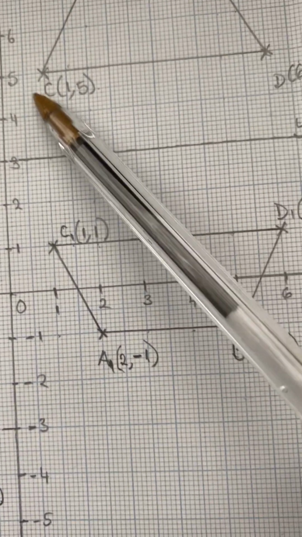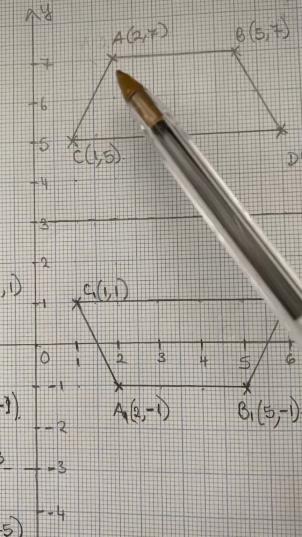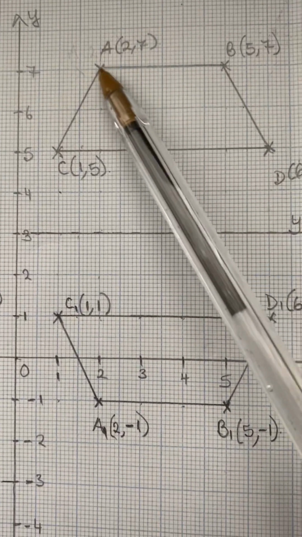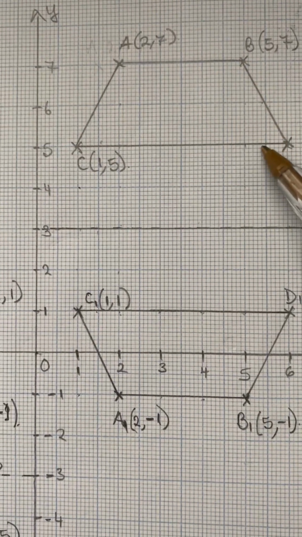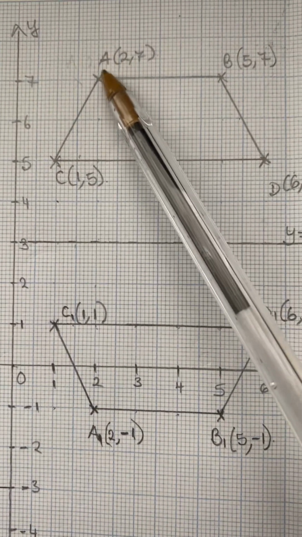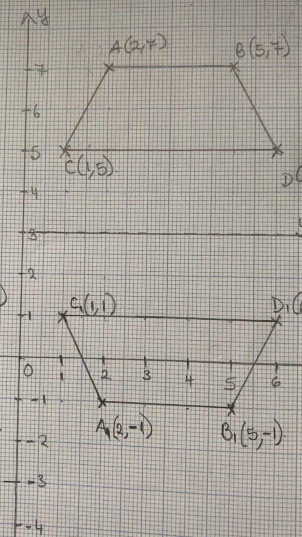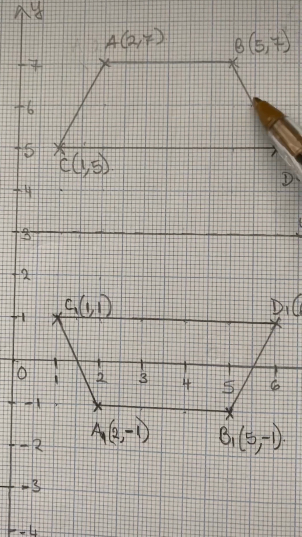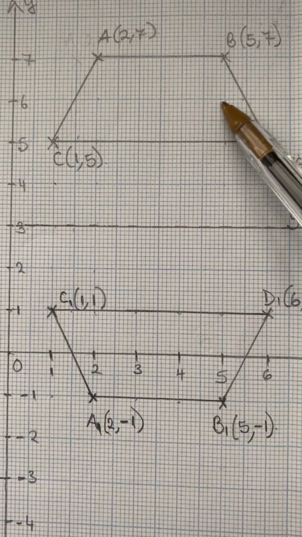Now it says create your object. So after plotting the points, I use a ruler to connect the points. So I have A, B, C, and D. I've done the first part of the question.